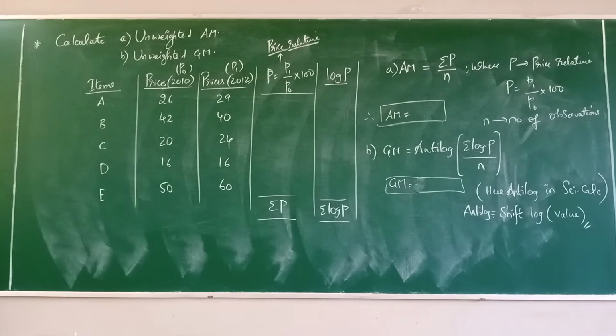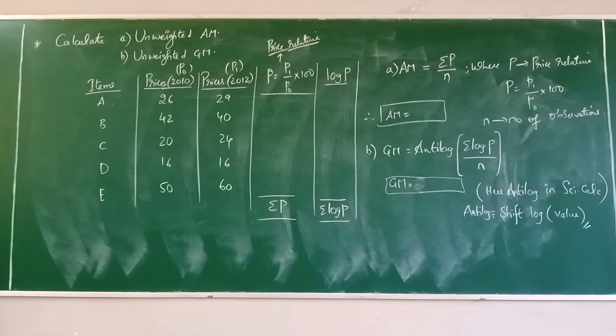So you get one value. Afterwards, anti-log of that value, how to do it from your scientific calculator? If you press shift log, that becomes anti-log. Remember, shift log becomes anti-log, and then you substitute the calculated value, summation log P by n. So shift log of that value will give you the geometric mean value.